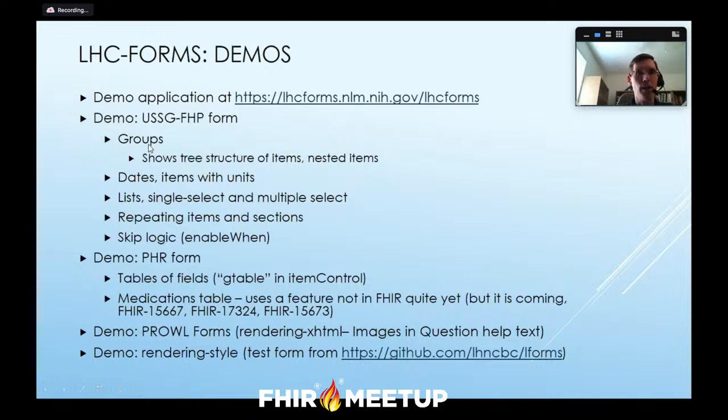The point is that the renderer can handle groups of things, nested items, items with units, single-select and multi-select lists, repeating items, and also skip logic with enableWhen. So based on the answer to one question, you can skip other questions or sections.